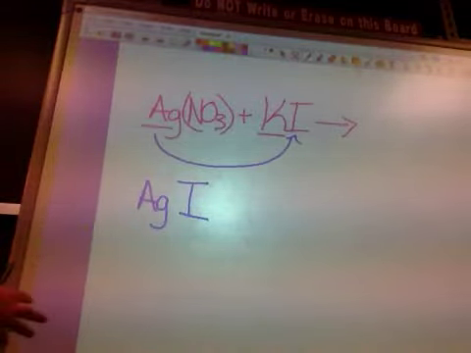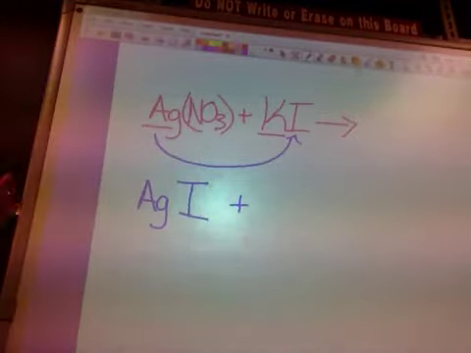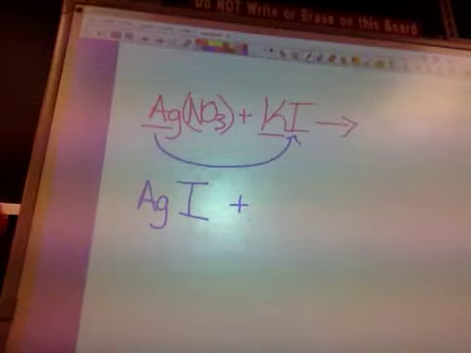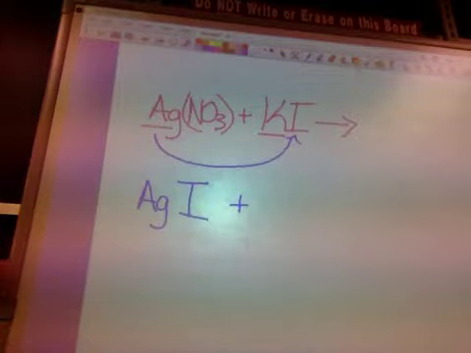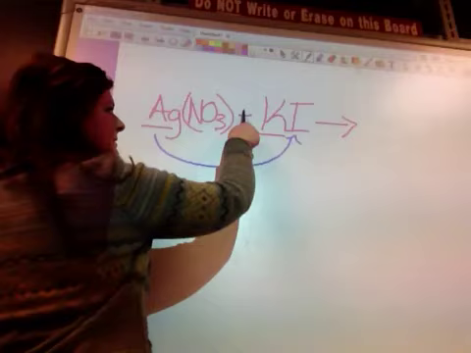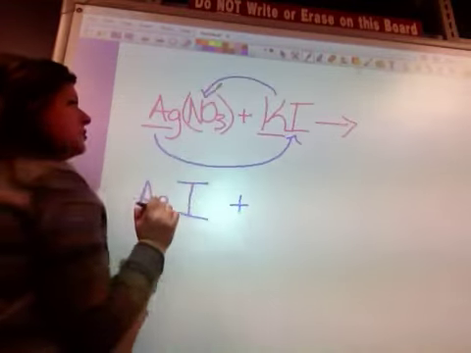Now, I can't leave the other two players in my reaction. So I make silver iodide, but in my product, I'm also going to make something else between potassium and nitrate. Now remember, in our compounds, we always write the cations first. So my cation here that's not accounted for is potassium, and that means it's going to bond with nitrate.